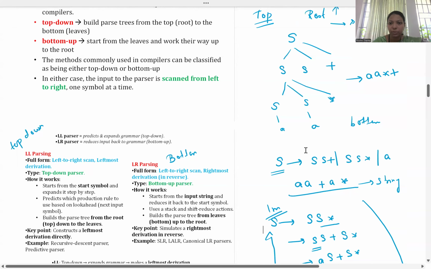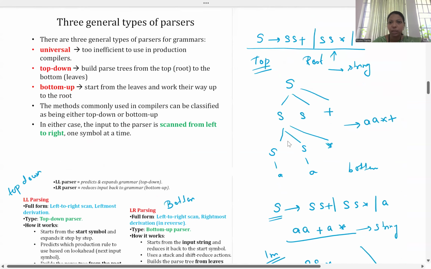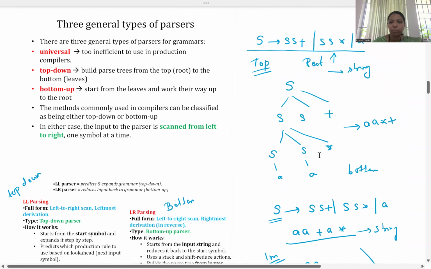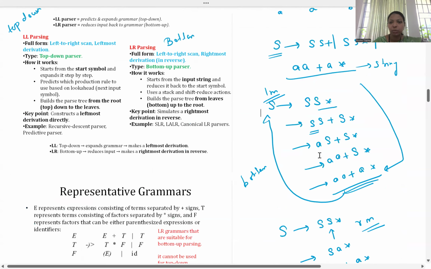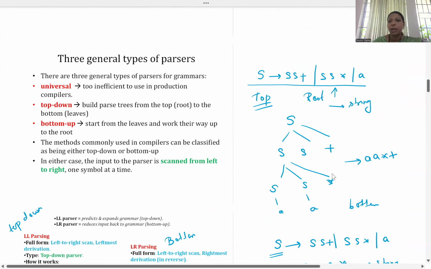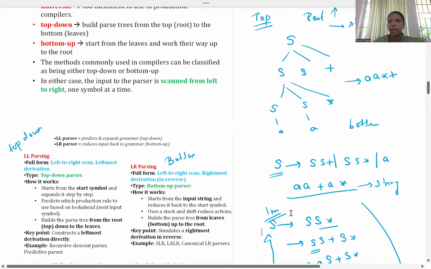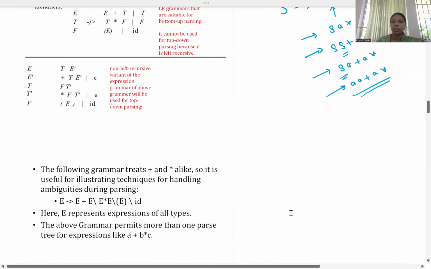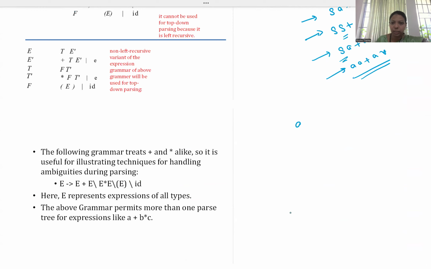So how will you do this for a top-down parser? For a top-down parser, we started from the root node and then arrived at the output string, right? If I want to do the same thing with a bottom-up parser, first I have to write the output string. For example, A plus A star A, this is the output string which I want. So I'm going to start from the bottom.